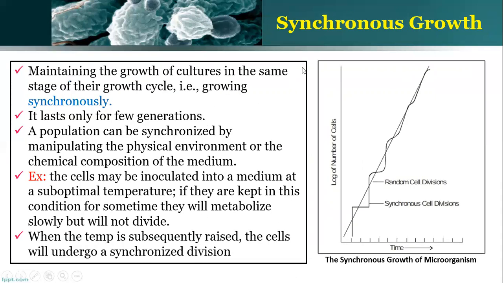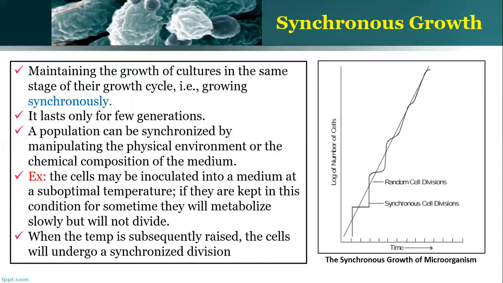And next, synchronous growth. Synchronous growth is nothing but maintaining the organism in a single phase. In the bacterial growth curve, when the organism is inoculated in the medium, it undergoes various phases. So if we take a sample of organism, the sample contains organisms which are in mixed phases.